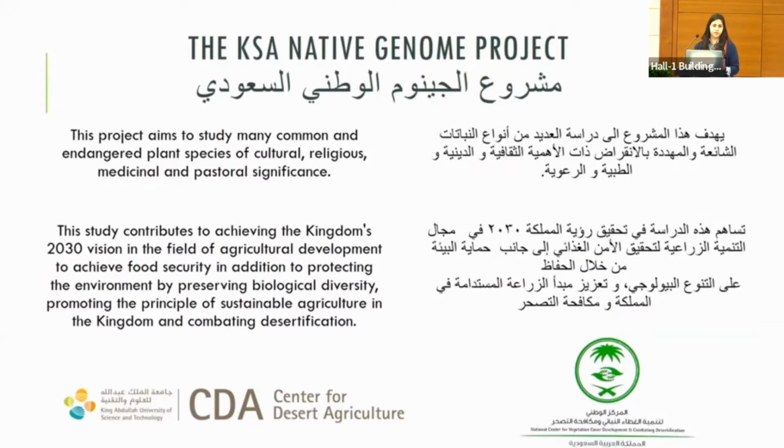Some of them have cultural, religious, medicinal, and pastoral significance. So this study contributes to achieving the Kingdom's vision in the field of agricultural development, and also food security and protecting the environment by preserving biological diversity, and also promoting the principle of sustainable agriculture in the kingdom and combating desertification.